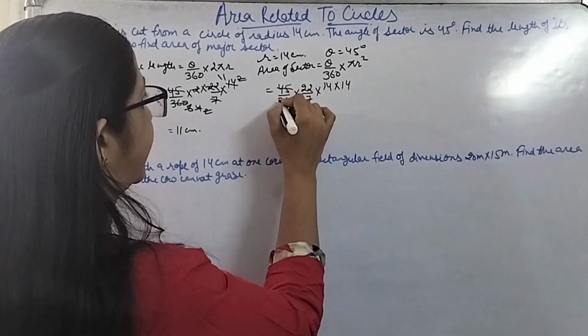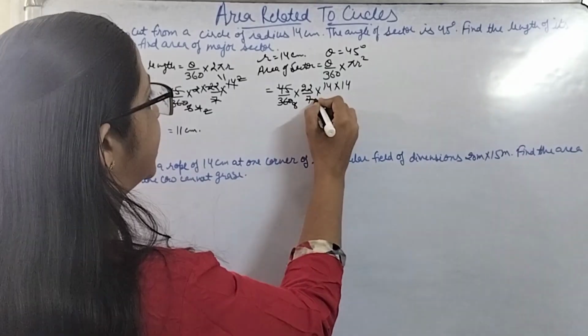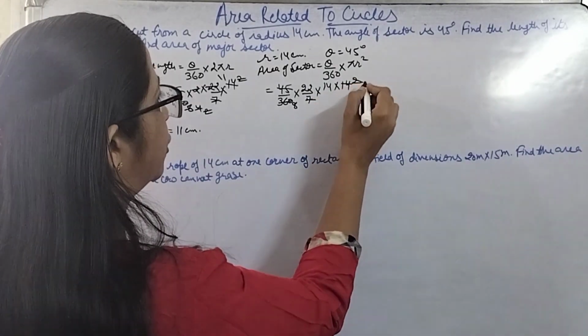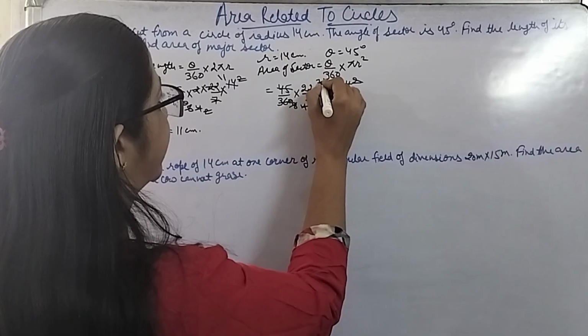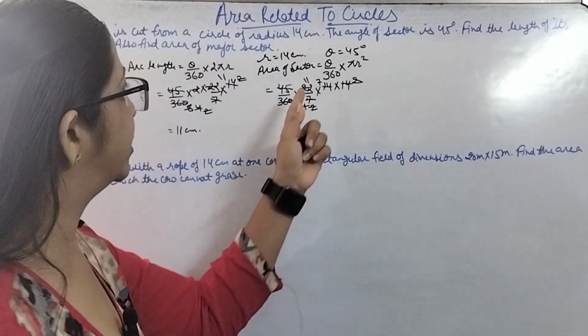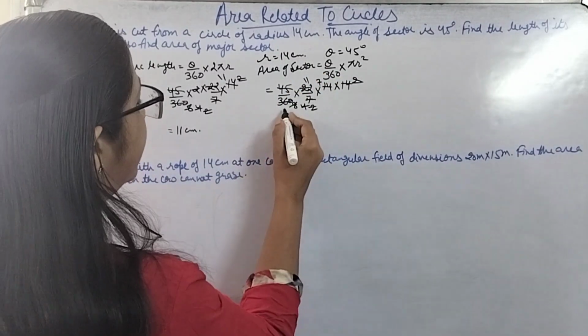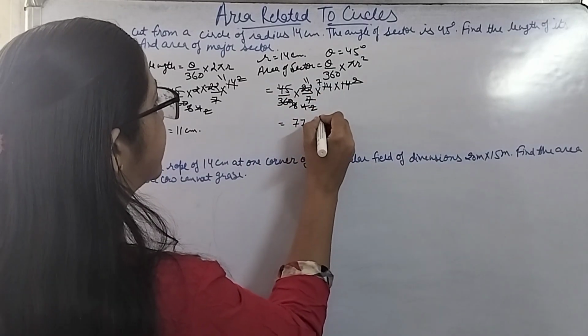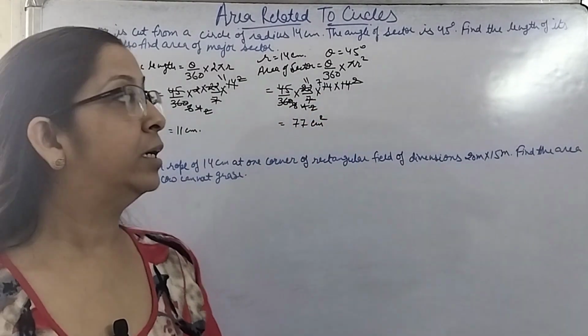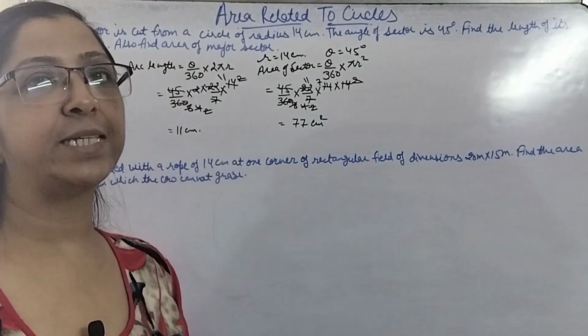So 45, 8 times 360, 7 2s are 14, 2, 4 times, again 2, 7 times, 2, 11 times. In the numerator 11 and 7 remain. That means the area of the sector will be 11 into 7, 77 centimeter square.